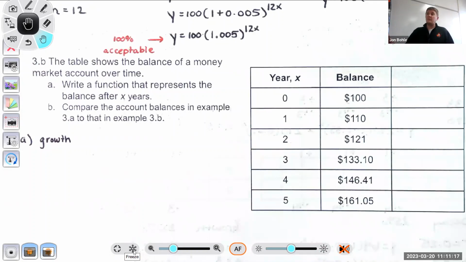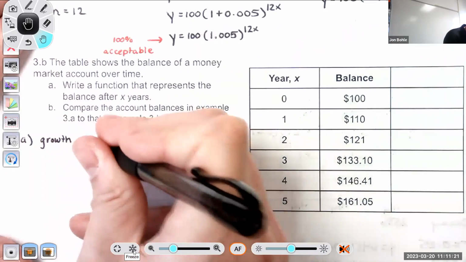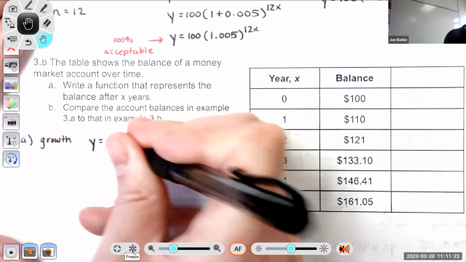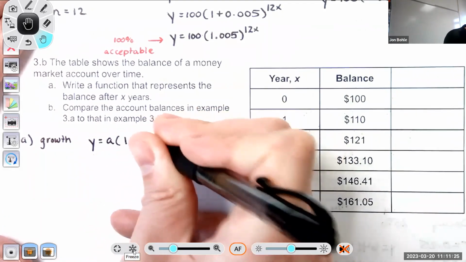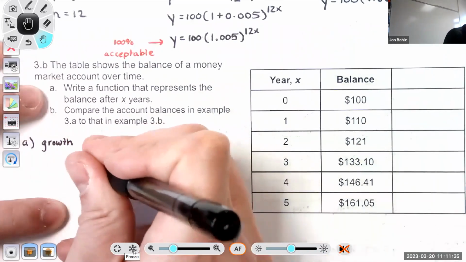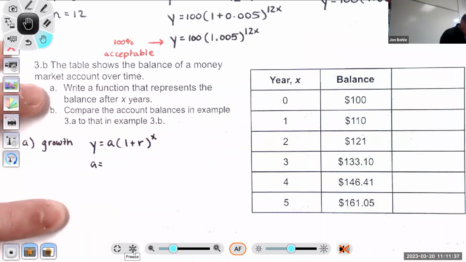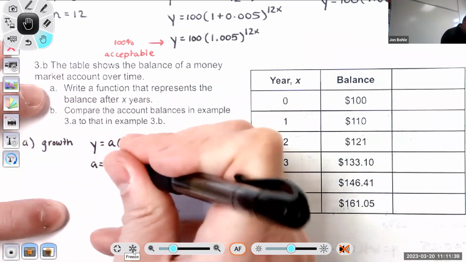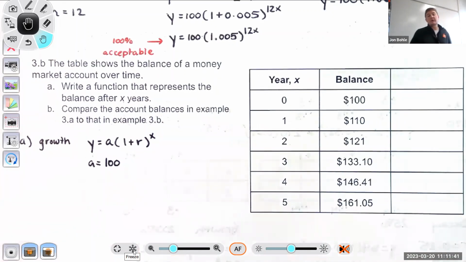It's not going up by an increment, that's it. So this is just regular exponential growth. So this is my function. What's my A value? $100. So this person's putting the same amount of money in this account as the person above put in their account.